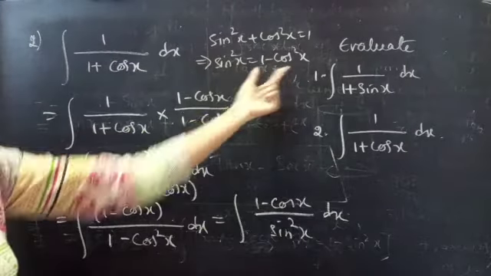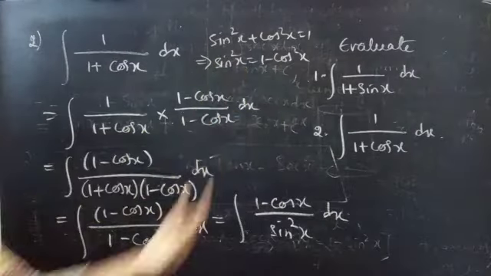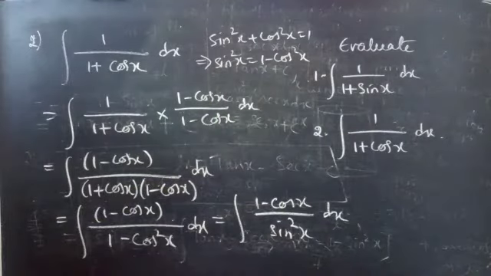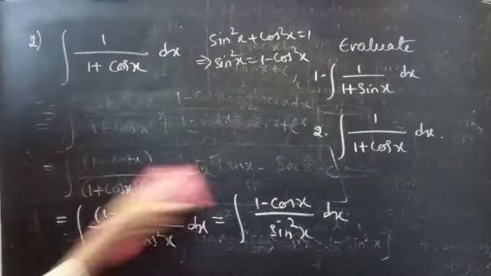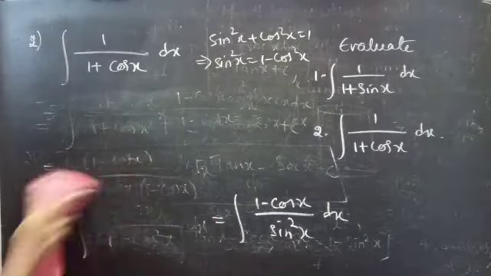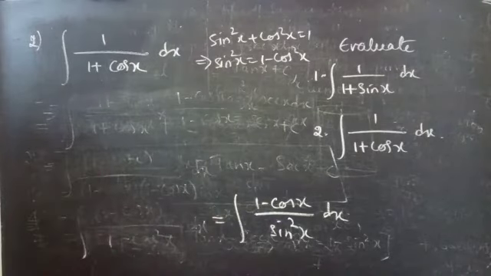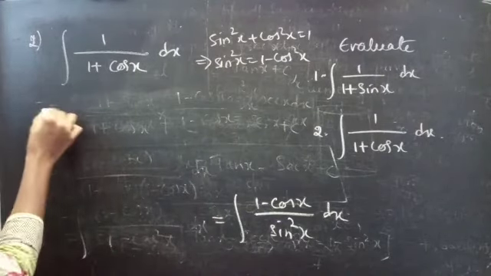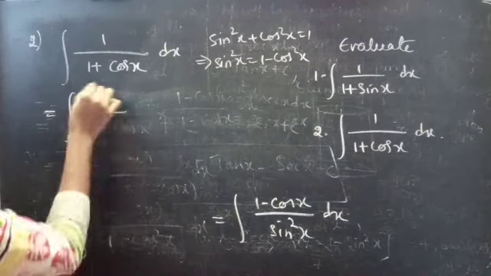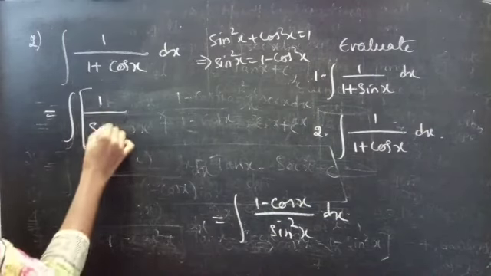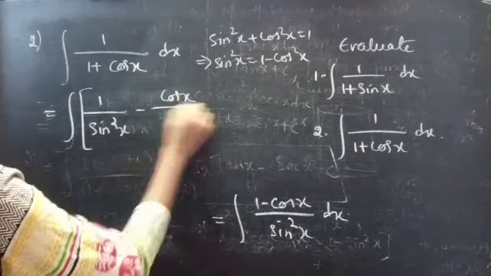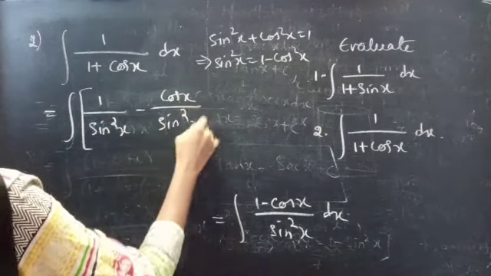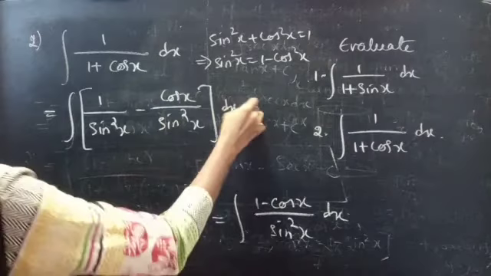Since 1 square is equal to 1, here we have 1 minus cos square x, and 1 minus cos square x equals sin square x, so now you can replace 1 minus cos square x with sin square x. So this equals the integral of 1 by sin square x minus cos x by sin square x dx.